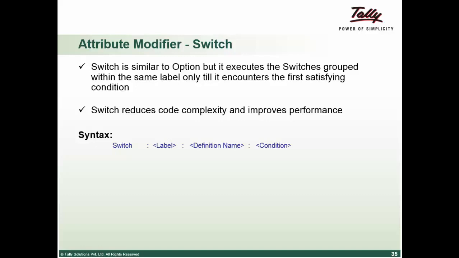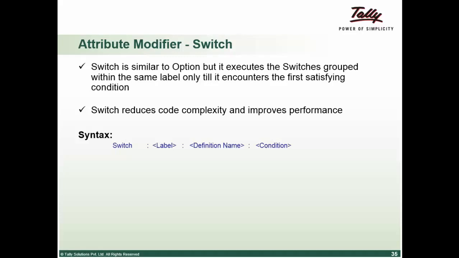So as in companies, we have various departments, right? People of the same nature of work are grouped together. Similarly, in switch, definitions with similar kinds of conditions can be grouped together, and one of the satisfying conditions will get executed.